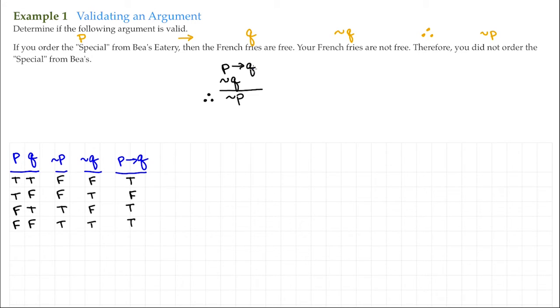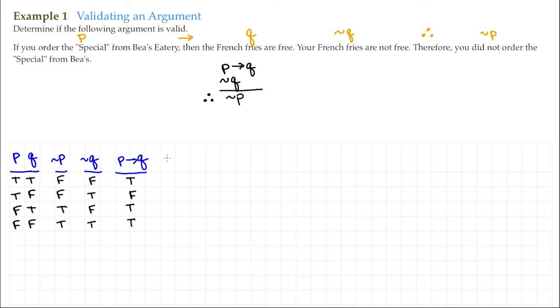Now the idea is this premise and this premise must support the conclusion. So this one and, notice how I say and, this one and this one. So I'm going to build a truth table for that understanding. This and this and this.